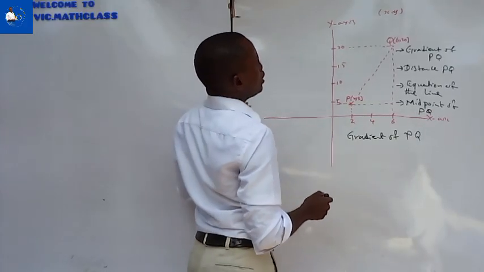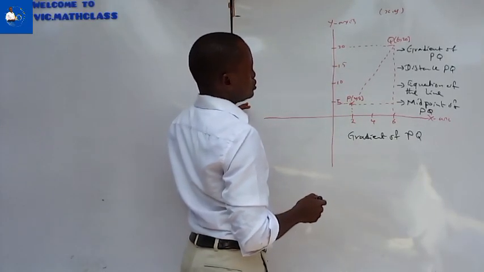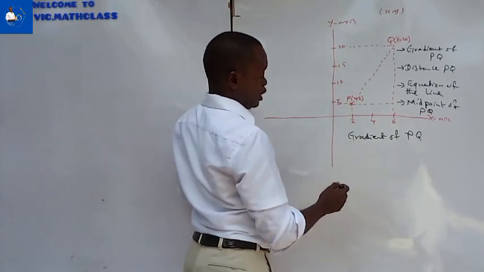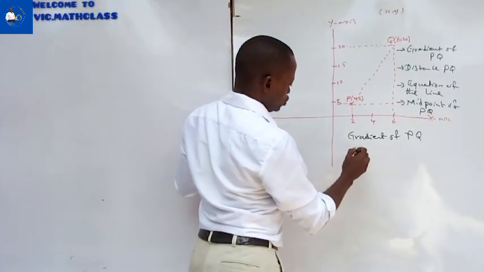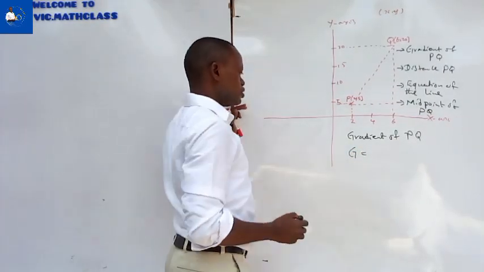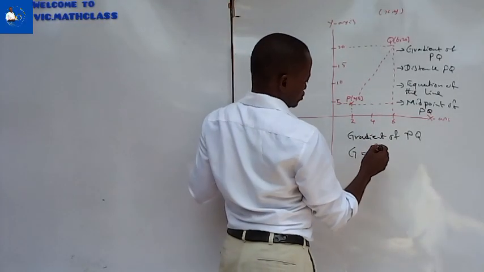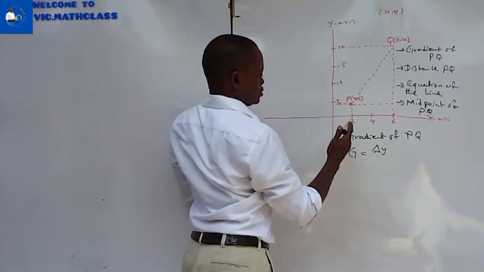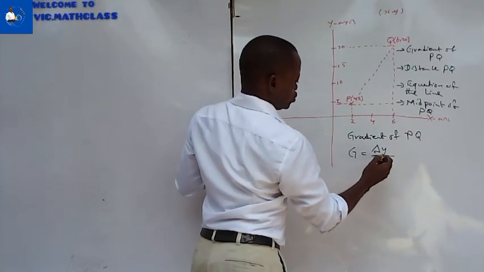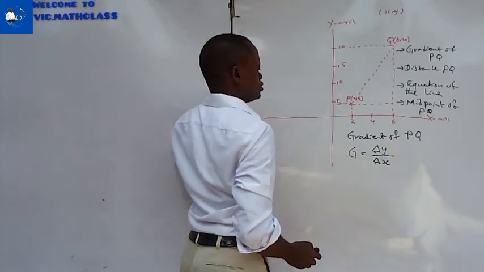You realize that gradient, I can give it a letter G. Gradient G is denoted by change in y axis with respect to change in x axis.